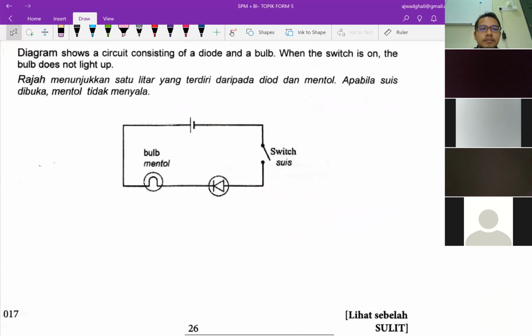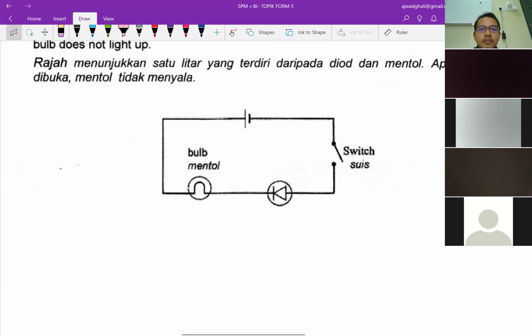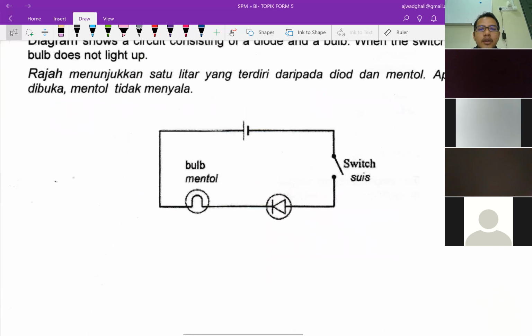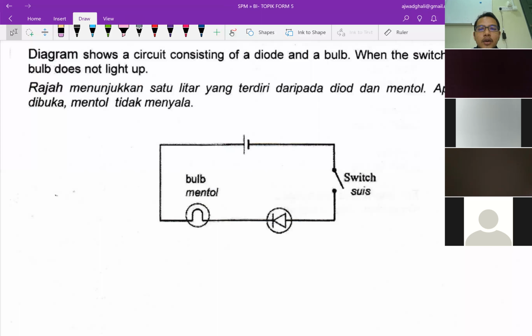this one. The diagram shows a circuit consisting of a diode and a bulb. When the switch is on, the bulb does not light up. Okay. So is this a rectifier?